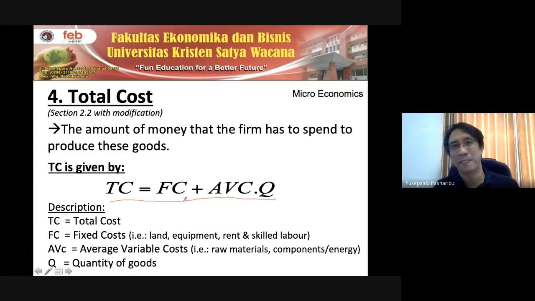For example, if I have a smartphone company or iPhone manufacturer, one of the fixed costs that is easy to understand, and that I usually use as an example, is the salary.